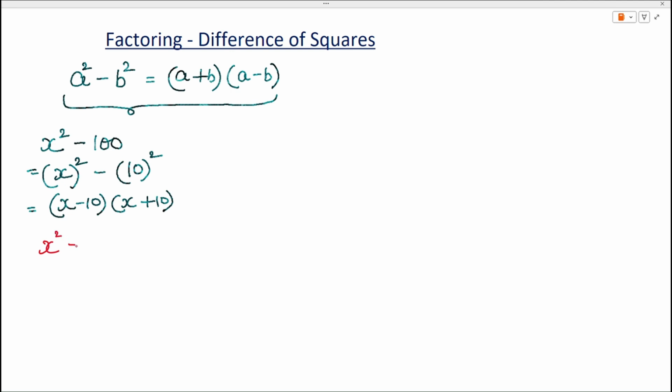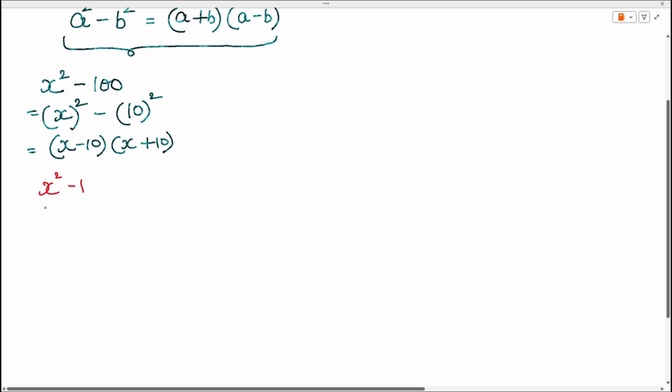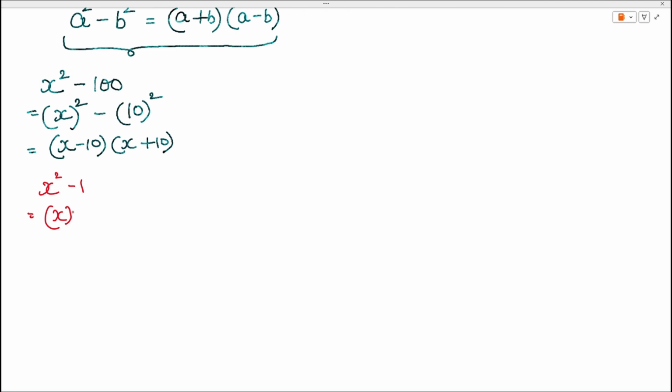x square minus 1. Again for this one, we can see that the first term is a perfect square, the square of x, and the second term 1 is also a perfect square, the square of 1.